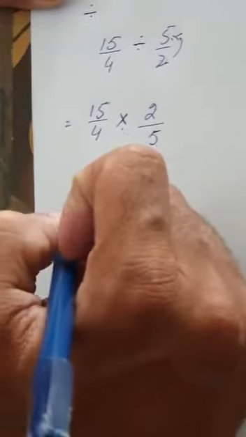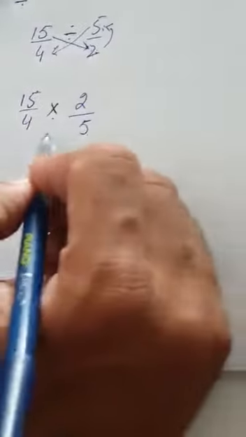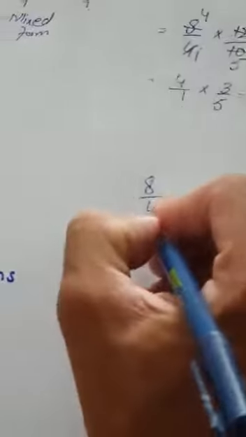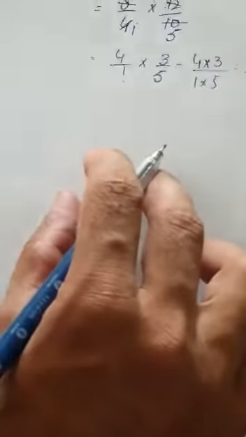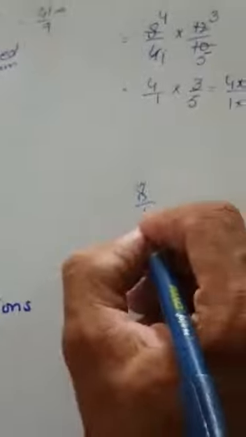One more thing, it is very necessary: we can cut the fraction only in this manner when there is a symbol of multiplication. When there is a symbol of division, you cannot cut the fractions. If there is a single fraction, suppose 8 over 4, where no symbol like division or multiplication is placed with this fraction, we can cut it down easily.